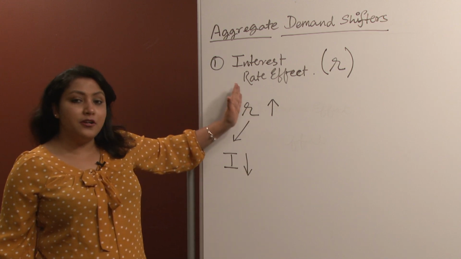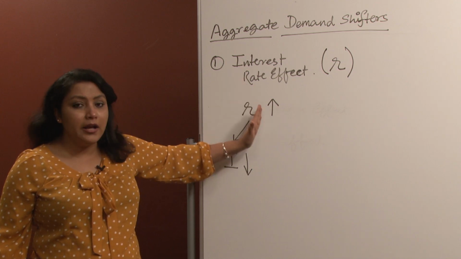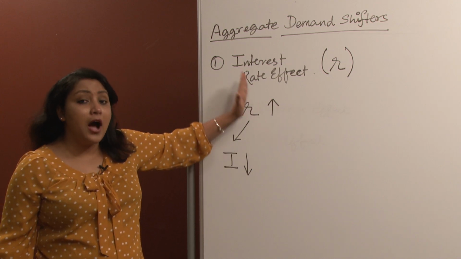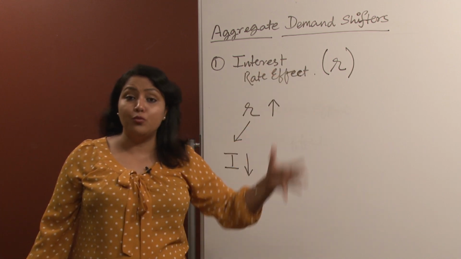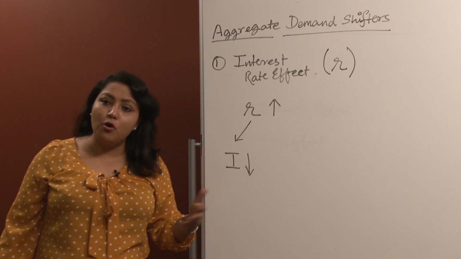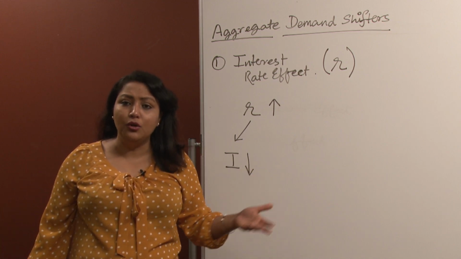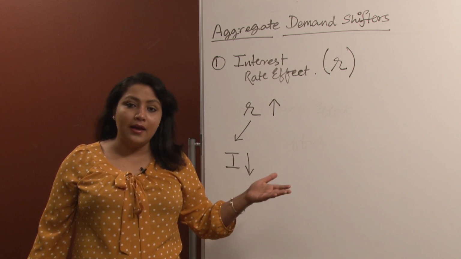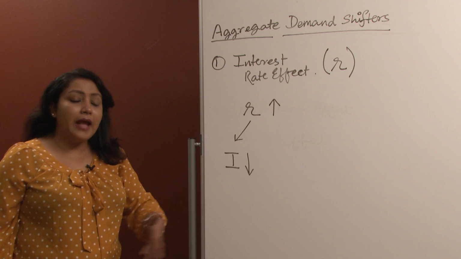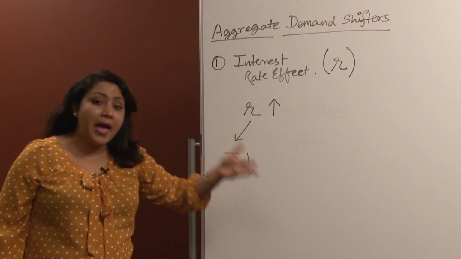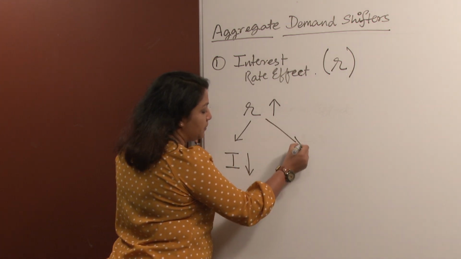Now, if you have a chance of earning a higher rate of interest if you put your money in a savings account, what would you do? You would put more and more money in your savings account. So it works as an incentive for you to put your money in the bank. And as you save more and put more money in the banks into investments, you are able to consume less.